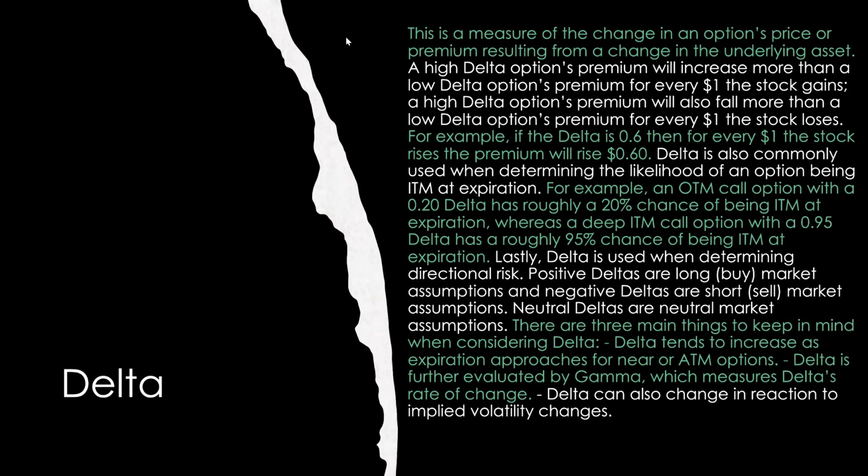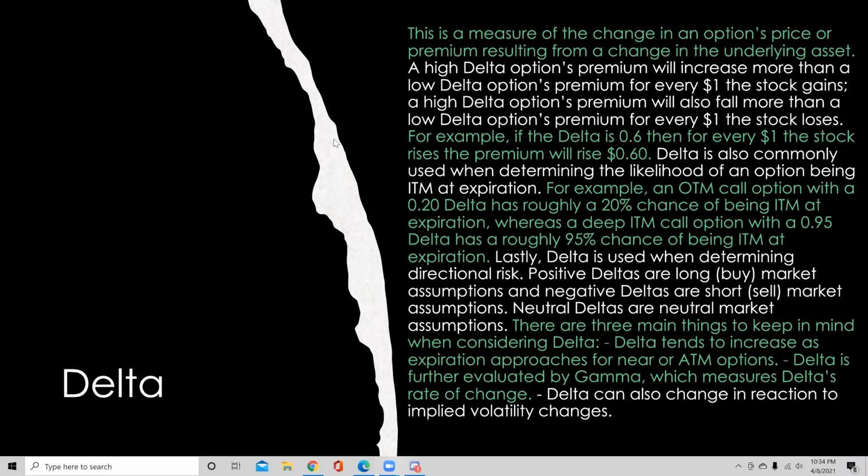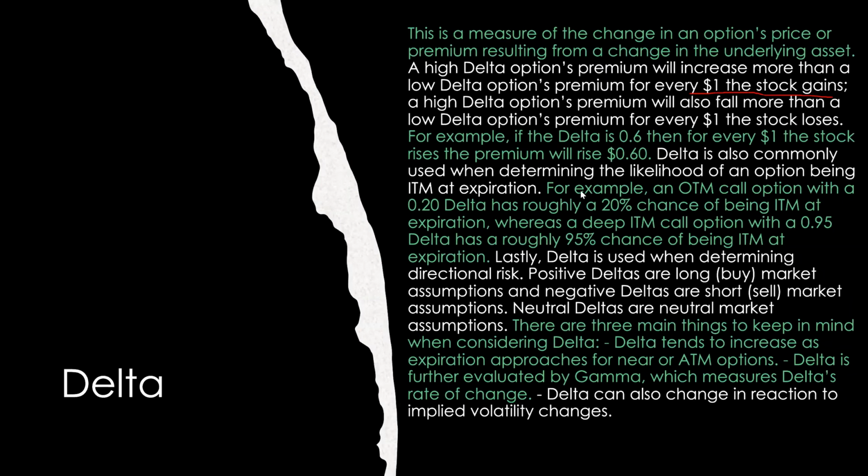All right, let's talk about Delta. Enough horsing around. This is the measure of change in an option's price or premium resulting from a change in the underlying asset. So a high delta option's premium will increase more than a low delta option's premium for every $1 the stock gains. A high delta option's premium will also fall more than a low delta option's premium for every $1 the stock loses.